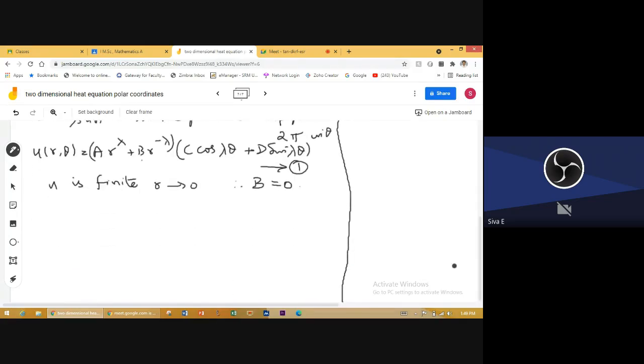What is the solution? u of r comma theta equal to, when b equal to 0, what happens?